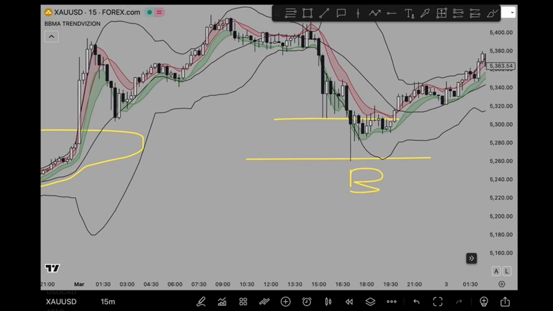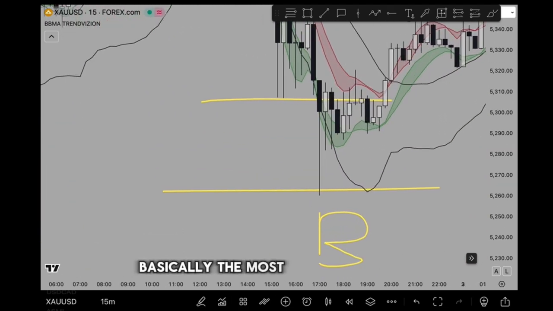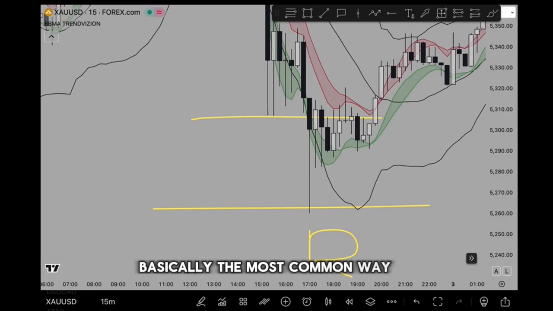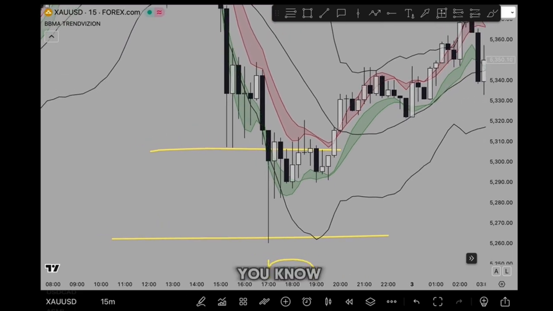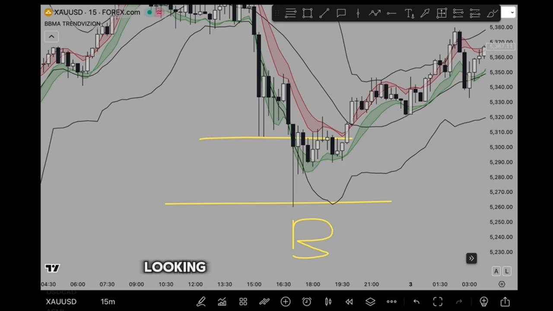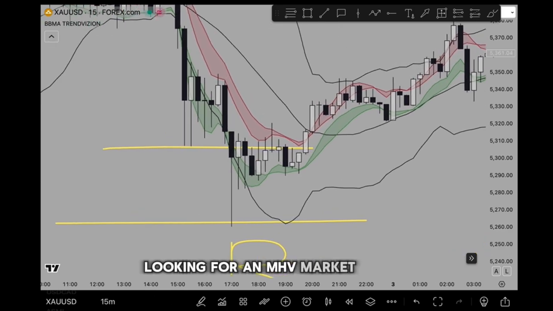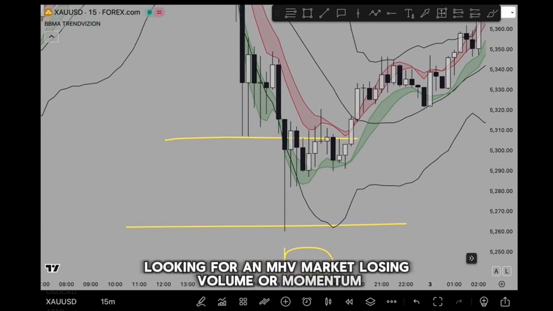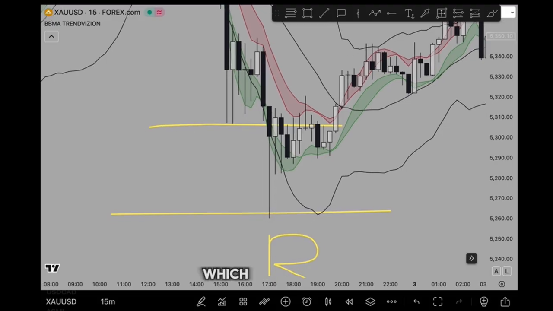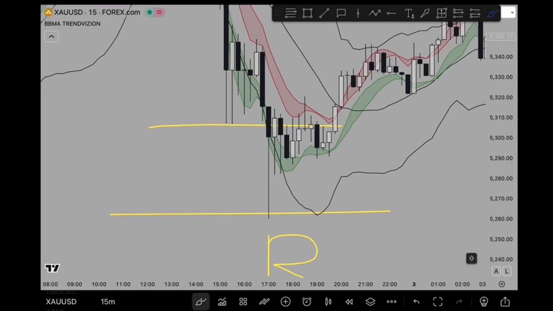And yeah, basically the most common way to trade is, on the third time frame, looking for an MHV, market losing volume or momentum, which is in this case, wait, let me find a different one.